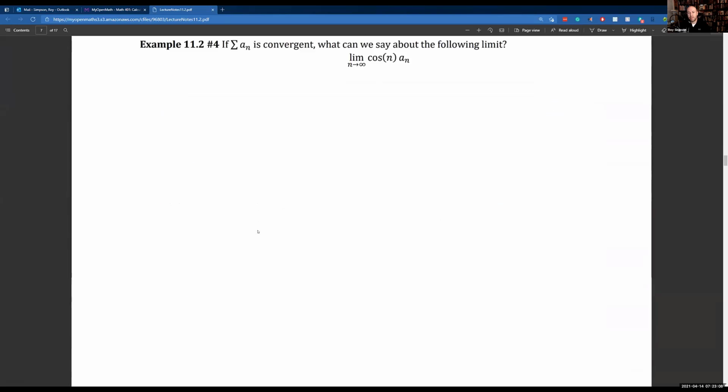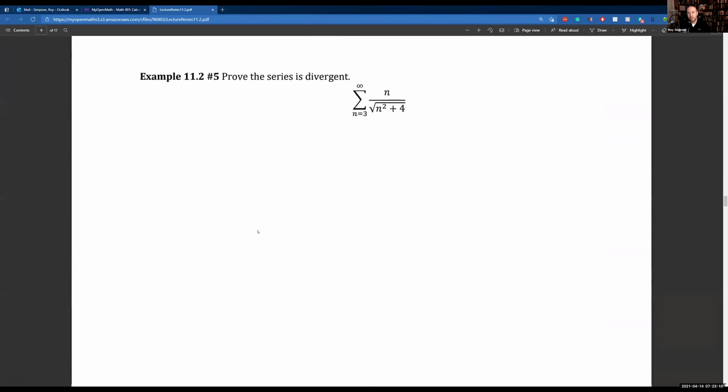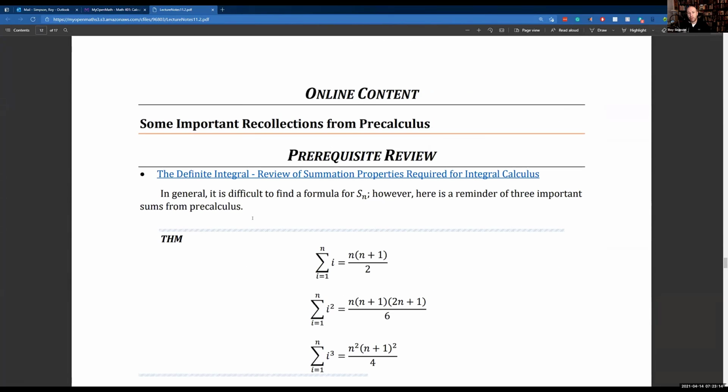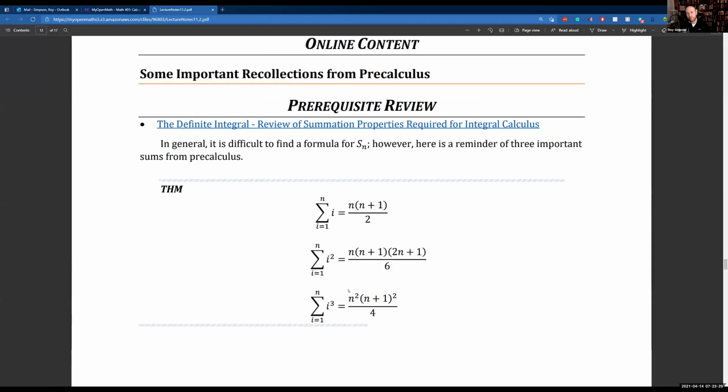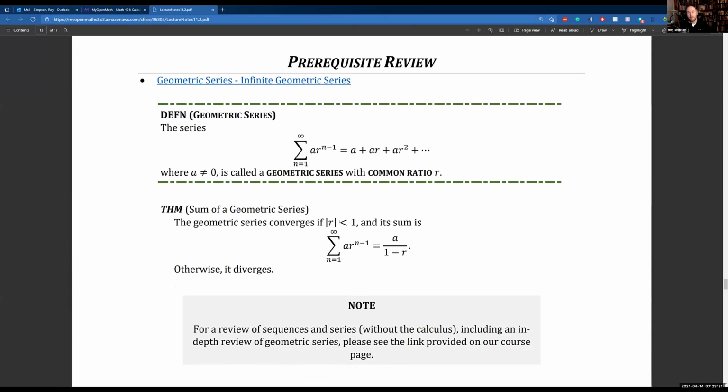Sometimes within some of these lecture notes, there might be a prerequisite piece of information that you might need, so again there'd be a link to that. If you don't remember this from your pre-calculus class, you can review that stuff if you want to. So that's just me cleaning up.